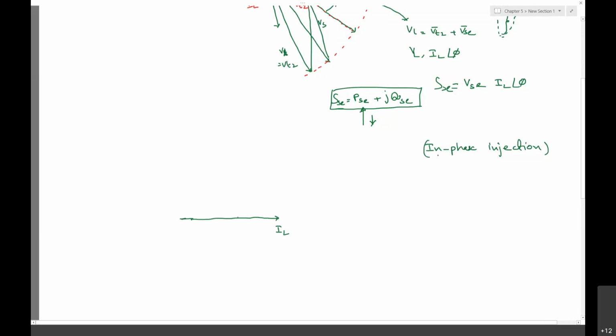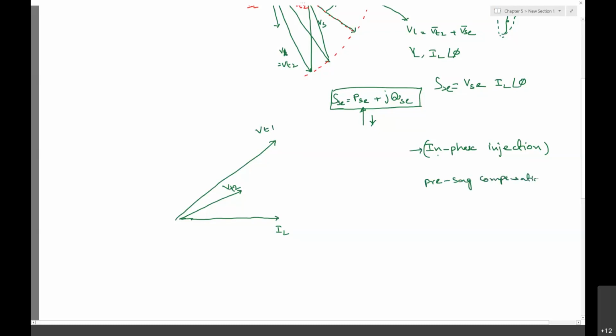What the in-phase injection is: there you have a VL1 over here, the VL2, VT2, maybe this is about VT1, the presag voltage. First, I will explain the presag compensation. I will explain this in-phase injection later. The presag compensation.